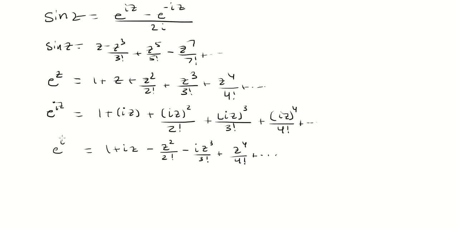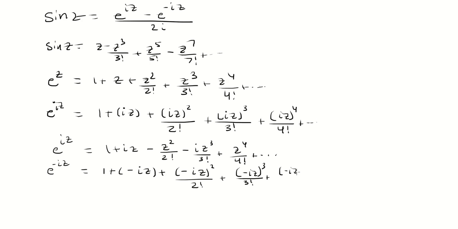So this is e to the iz. And then e to the negative iz. We're just going to replace z up here with negative iz. And then we're going to simplify.